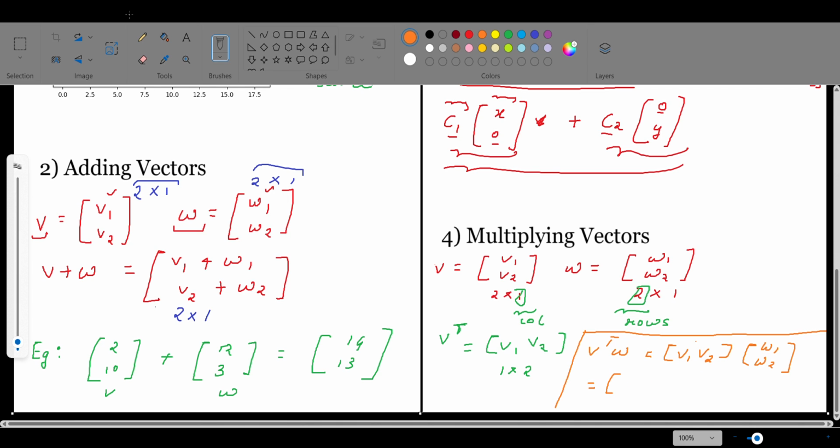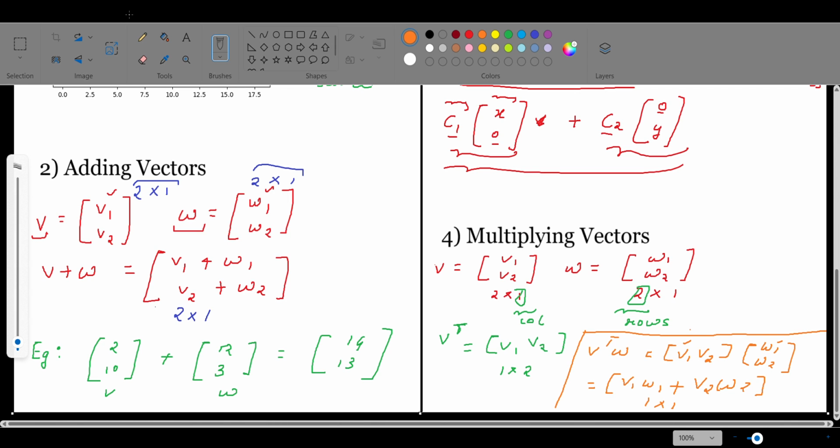You first multiply the first element of the row vector with the first element of the column vector, which is V1 times W1, and you add the next product, which is V2 times W2. Now, the same could be done if there were more components. Now, something you'll notice is that the resultant shape is 1 cross 1, right?